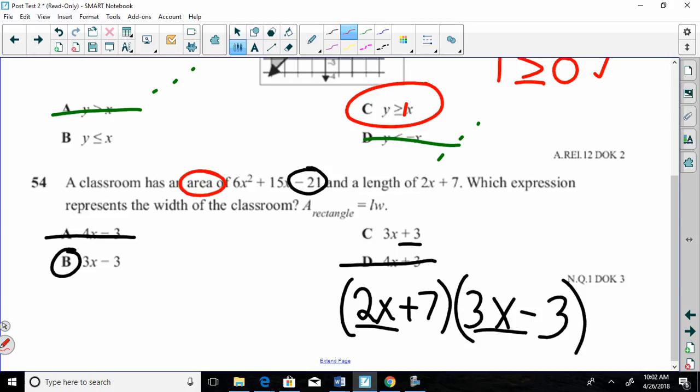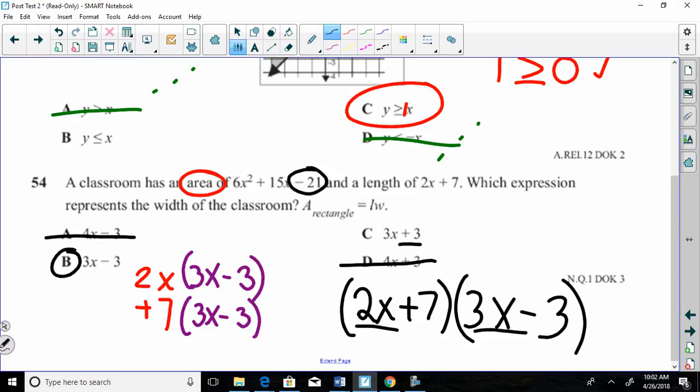So what 3 methods can I do to multiply? What else? Box, distribute. Box method, right? So here's 2x plus 7. Poor couple broke up. 3x minus 3 has to distribute.